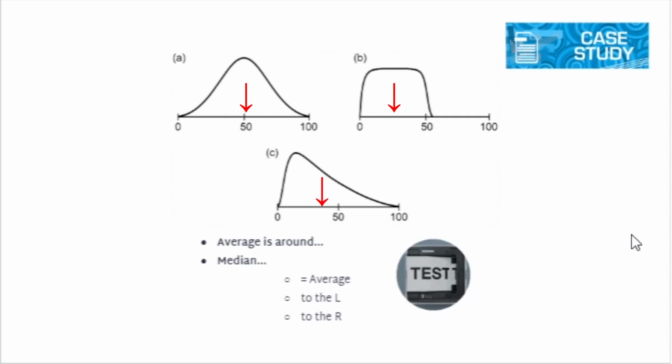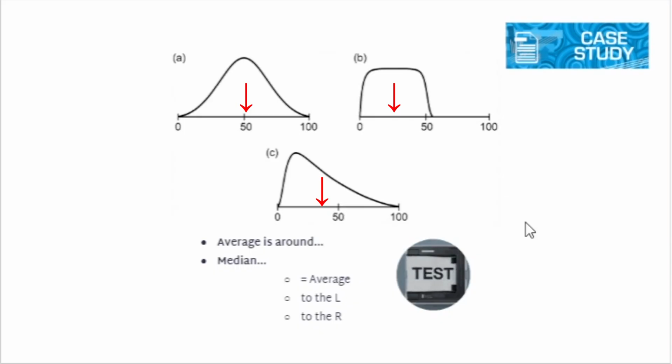You find the point where the areas are split 50-50, the half point in your histogram that divides it into equal halves.